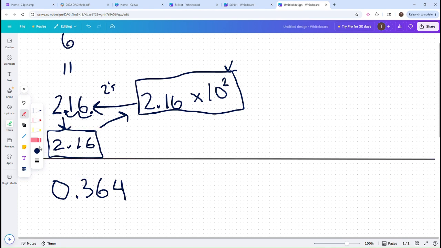Remember, these are written as tenths, hundredths, thousandths. The first digit after the decimal is the tenths place, T-E-N-T-H. It's a tenths place. Then hundredths, then thousandths. There's no ones place after the decimal. Just isn't.